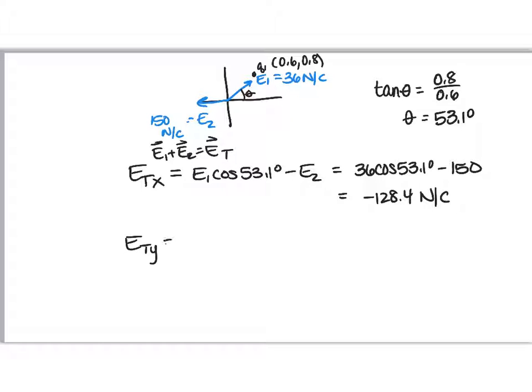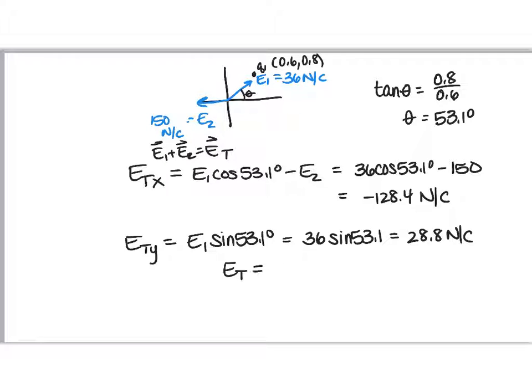For the y direction, I just have E1 times the sine of 53.1 degrees. E2 was only in the x direction, so it doesn't contribute. This is 28.8 newtons per coulomb.